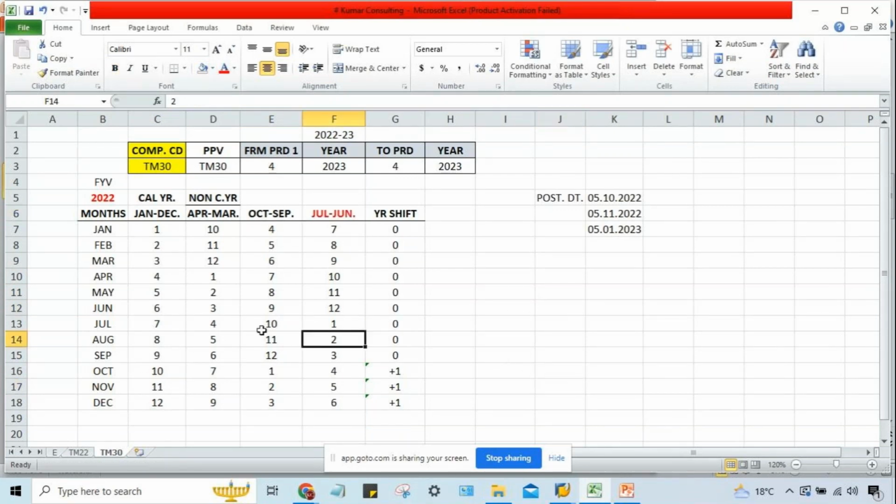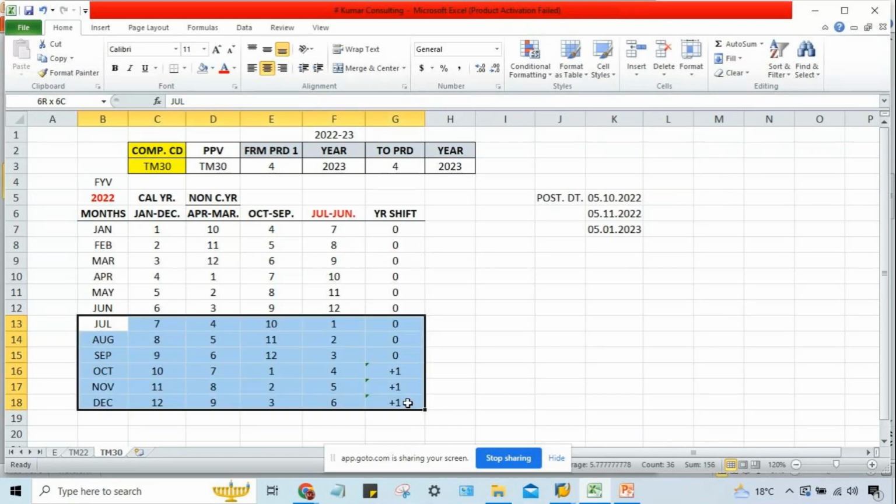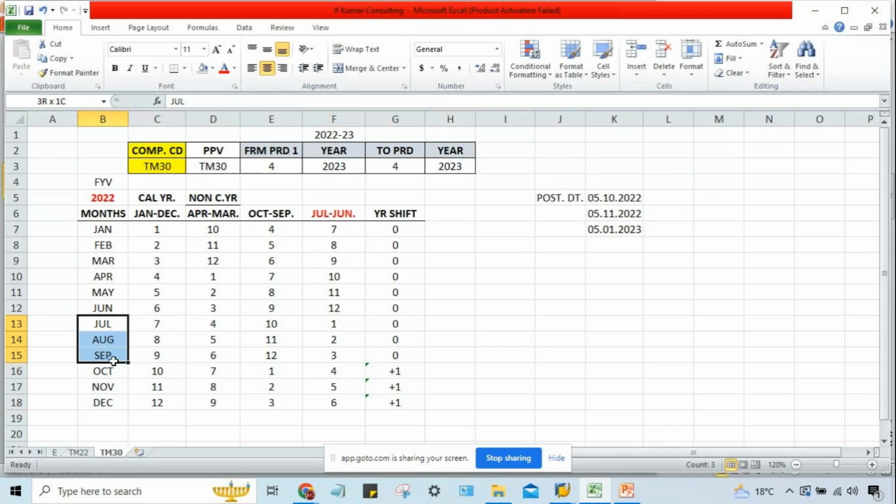The client is saying we are in 2022, and the client is saying that from July onwards, 2023 has started. July onwards, 2023 has started, right?